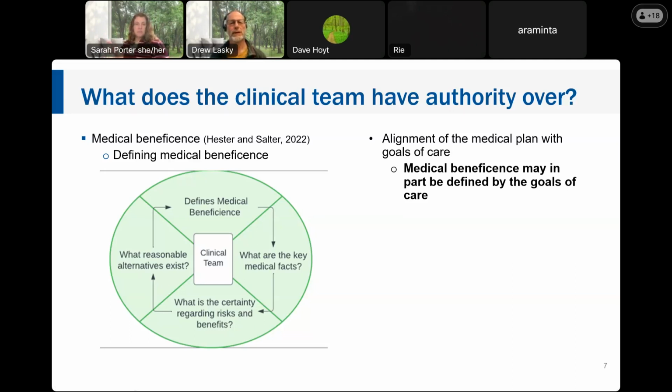And Sarah, one of the things you gave was two different examples of goals of care when it came to a child who, for example, is on hospice with a certain cancer, where parents had chosen that direction.